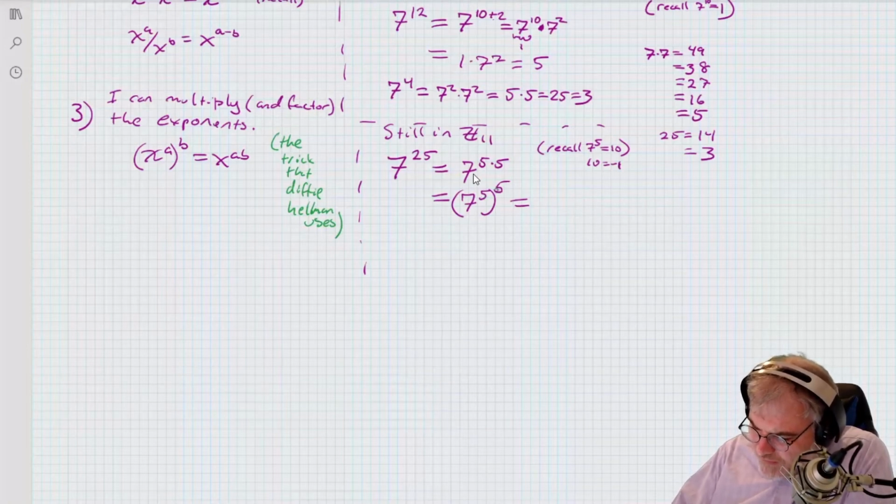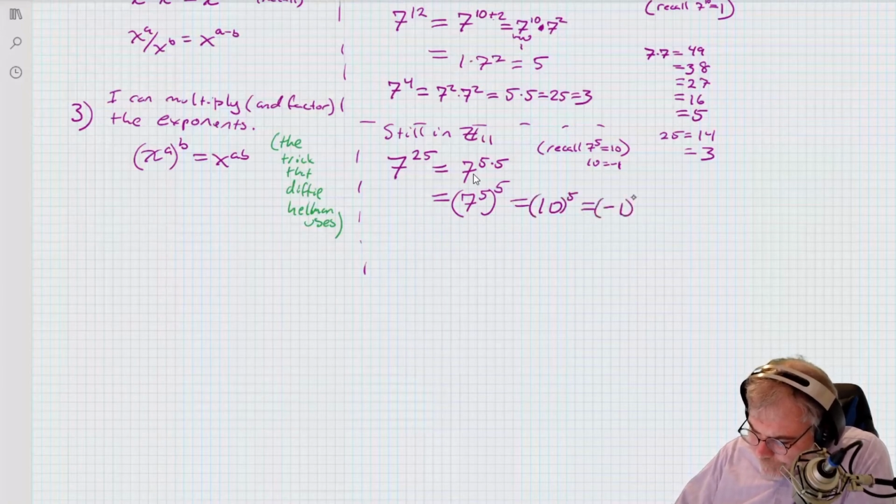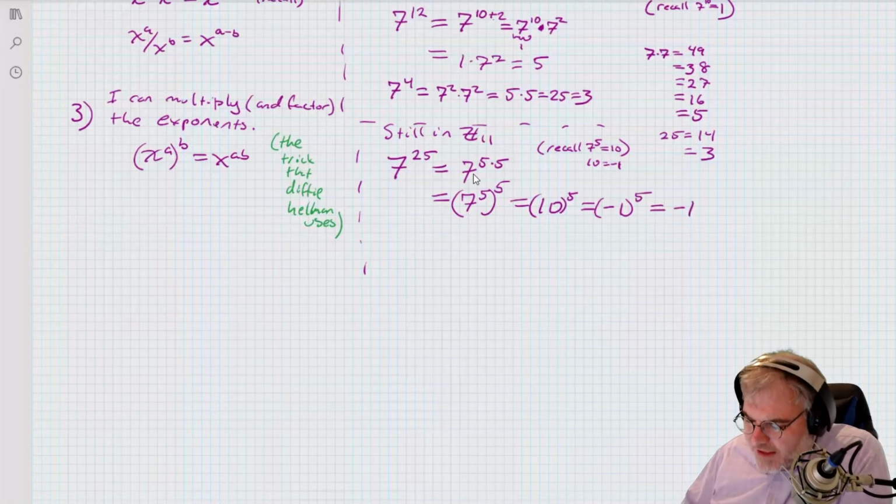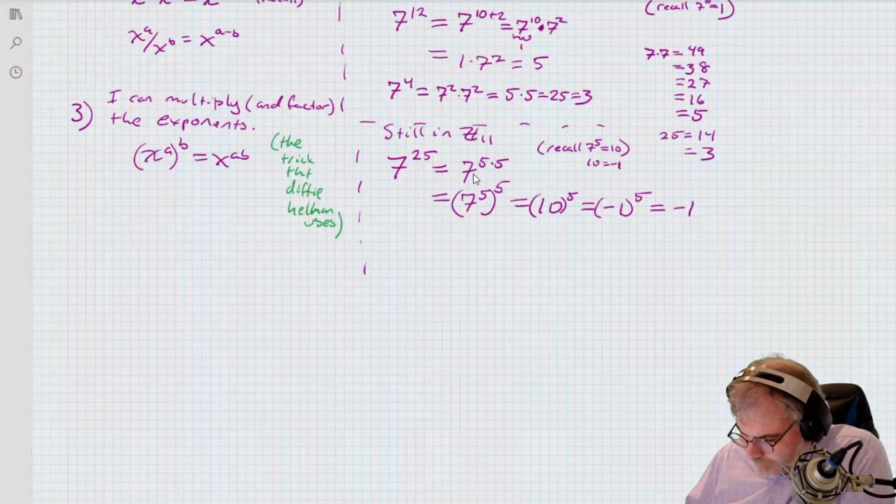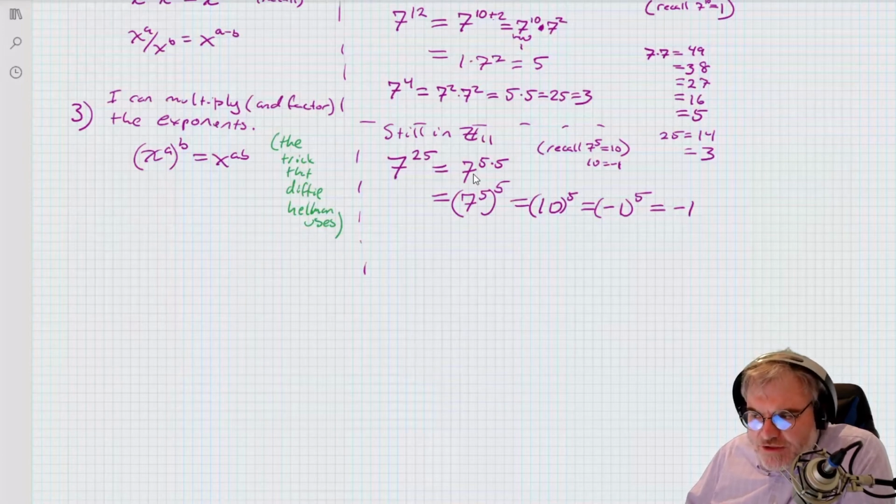This 7 to the 5th to the 5 is 10 to the 5th. But 10 equals -1. And then I've got an odd exponent, it just goes up. That's a pretty slick trick to have in your pocket, right?